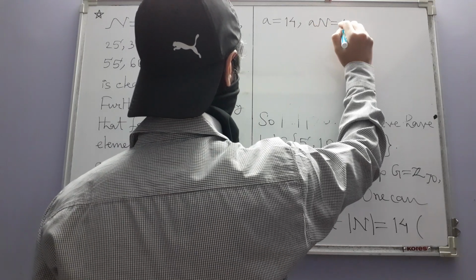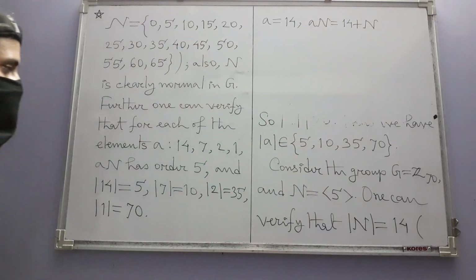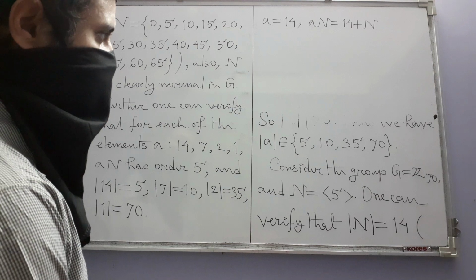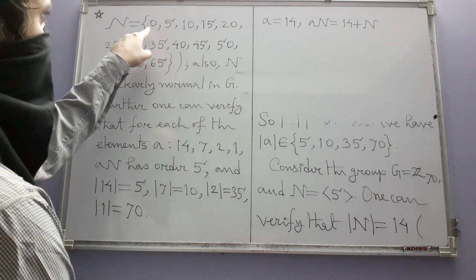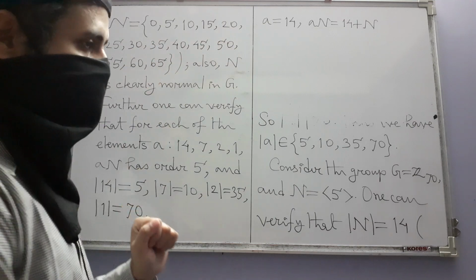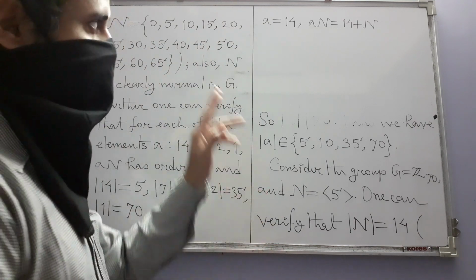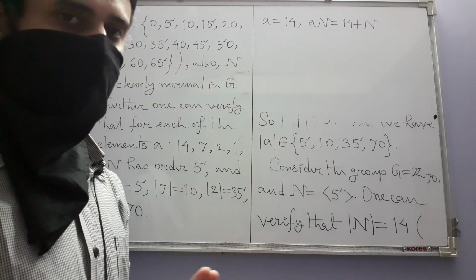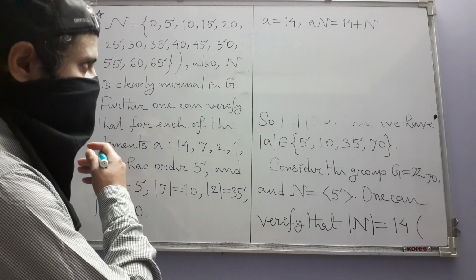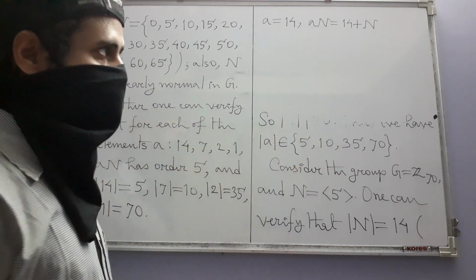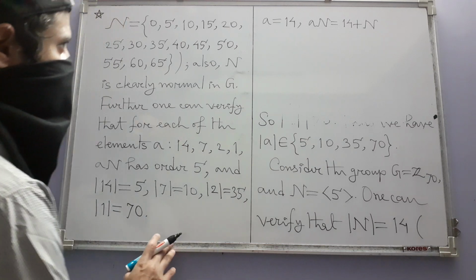An then is 14 plus n. Now when we say 14 plus n, you actually have to add 14 with all these elements in n. That will give you a set, but that is not ordinary addition, but that is addition modulo 70. Now when you do that, you are going to get a coset of n, An, where A is 14.